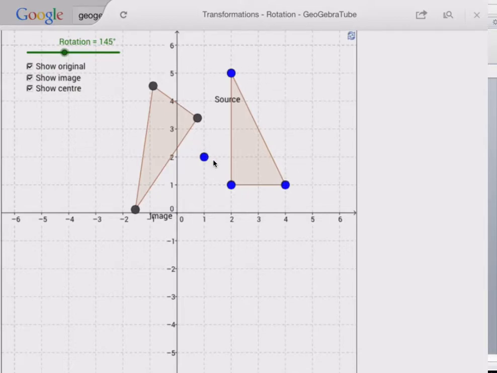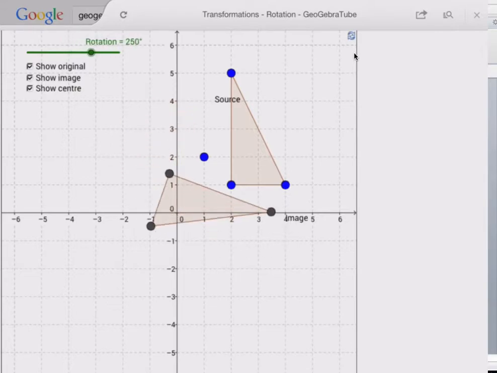This one was here, it's going around that circle also. So there's 3 circles going on for each dot. And you keep rotating, and each dot goes around back to its original source. There we go. So you describe that on your paper.